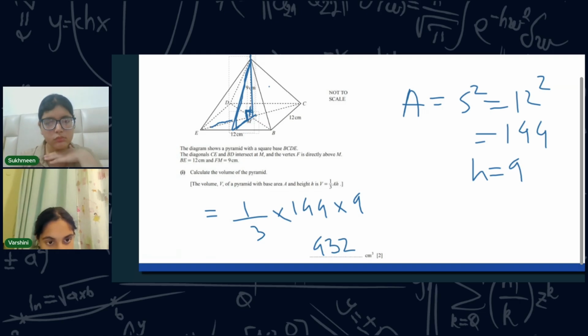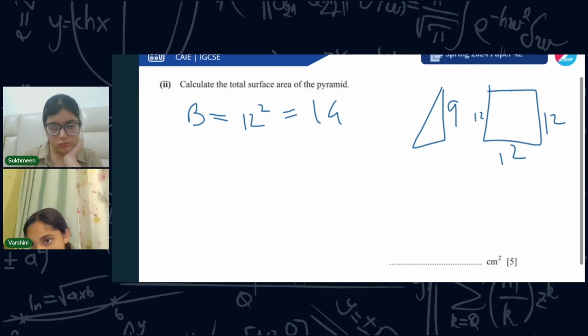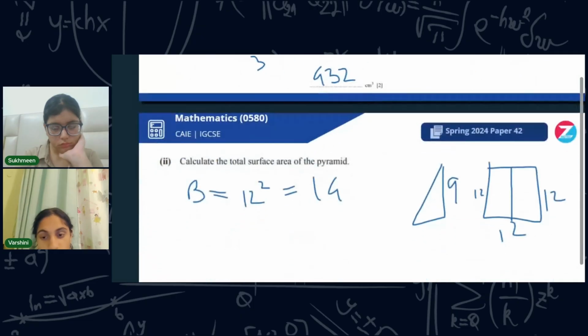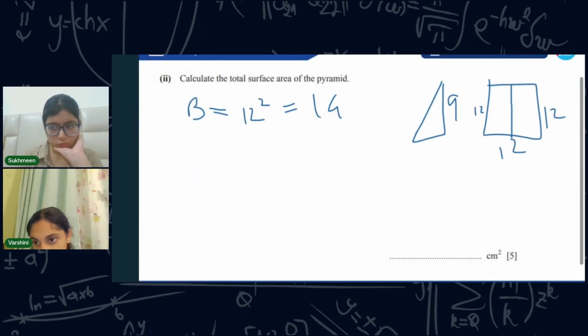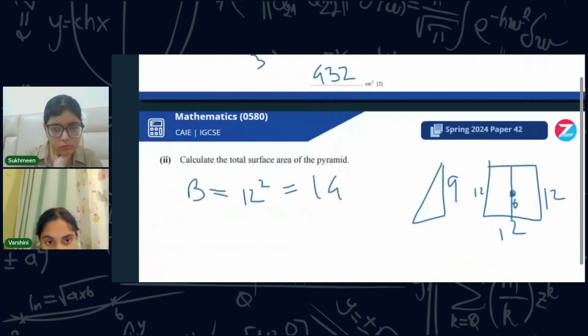We have 12, 12, 12, and we want to calculate this length, which we know is going to be 12. So half that length, because we want it from here, 12, is just going to be 6. So we can say that from this point to M is half of 12, which is 6.